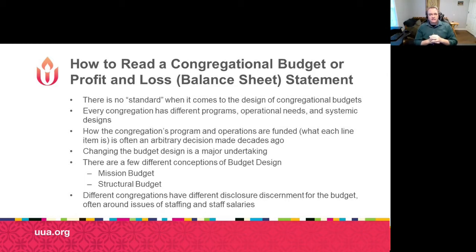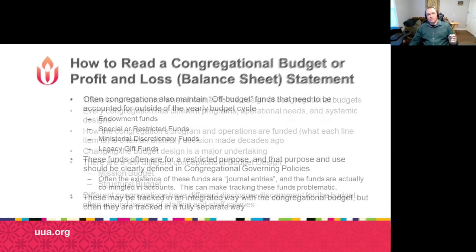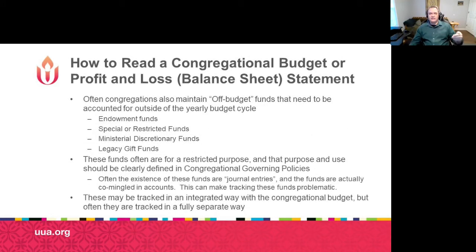Other congregations make a very different good practice decision that salaries are part of what the congregation is voting on, and so therefore they need to be seen by the whole of the congregation. So just know that both of those have good practice understandings behind them, and both of them are valid. But I make the case that the board itself needs to see, even if the whole congregation doesn't, the full granular budget.